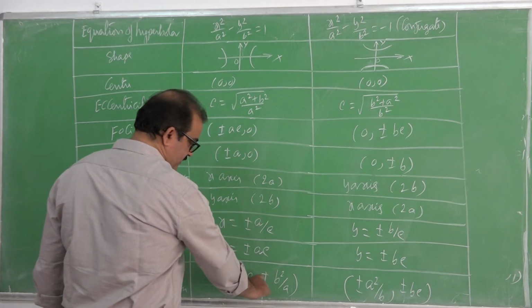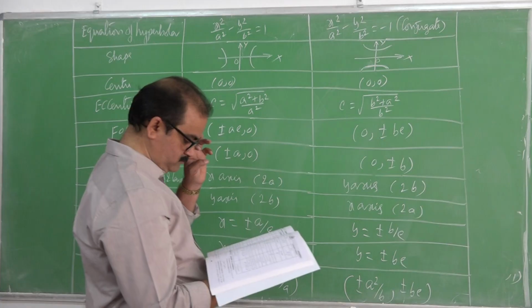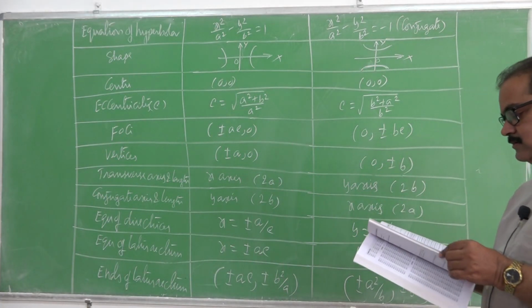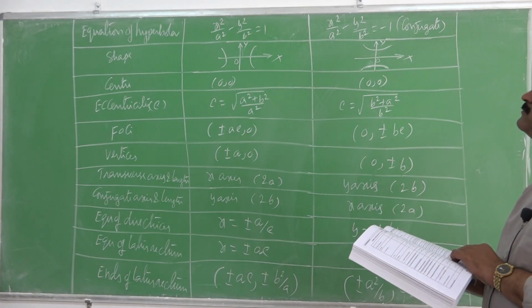Here x coordinate and y coordinate are interchanged. By using this table, we can find any value in hyperbola.